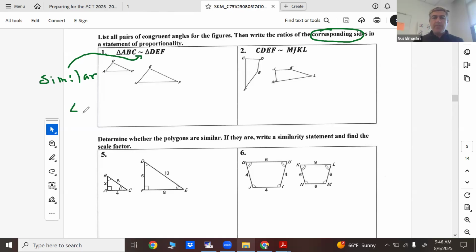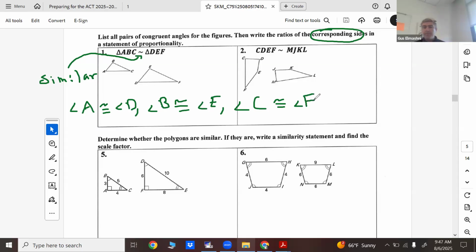So what it means is that angle A is congruent to angle D. Angle B is congruent to angle E. And angle C is congruent to angle F. So what it also means is that AB corresponds to DE.